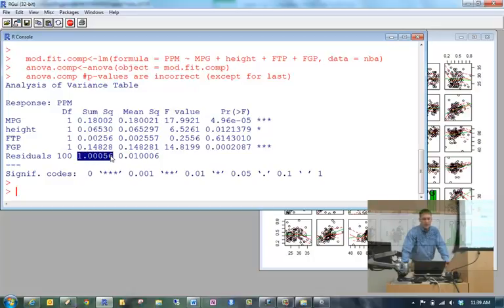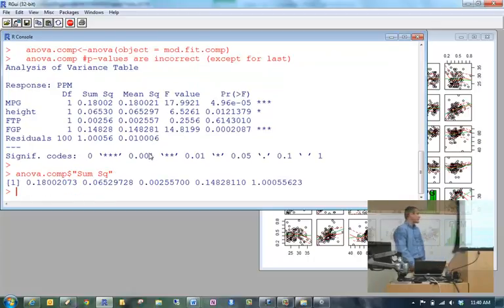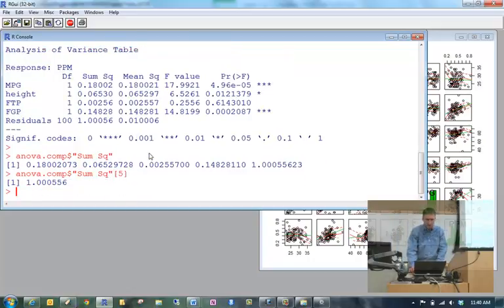But the one thing I want to point out is this right here. Here's the SSE. So for example, if I said anova.comp$, the way that this object is structured, I can simply say quote "Sum Sq" end quote. And notice how that just simply pulls out all the sums of squares, so that if I put 5 there, I am able to pull out SSE.